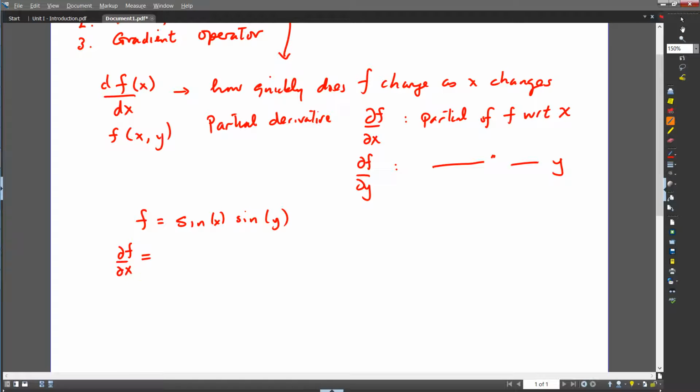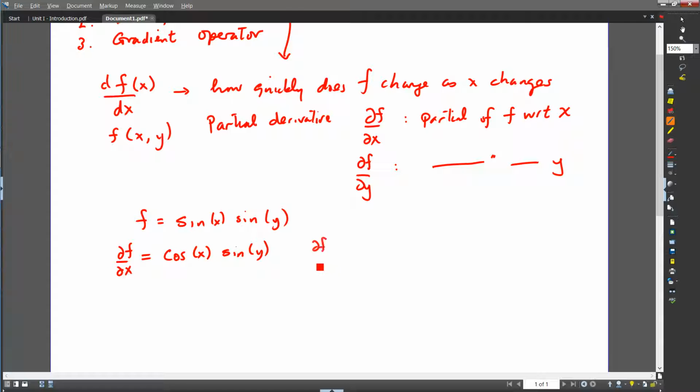And so for purposes of computing this derivative, this sine y term here doesn't change. So really we just have to do d by dx of sine x. So we know that that's the cosine of x. And then that gets multiplied by sine y, because for purposes of forming this derivative, sine y is effectively a constant.